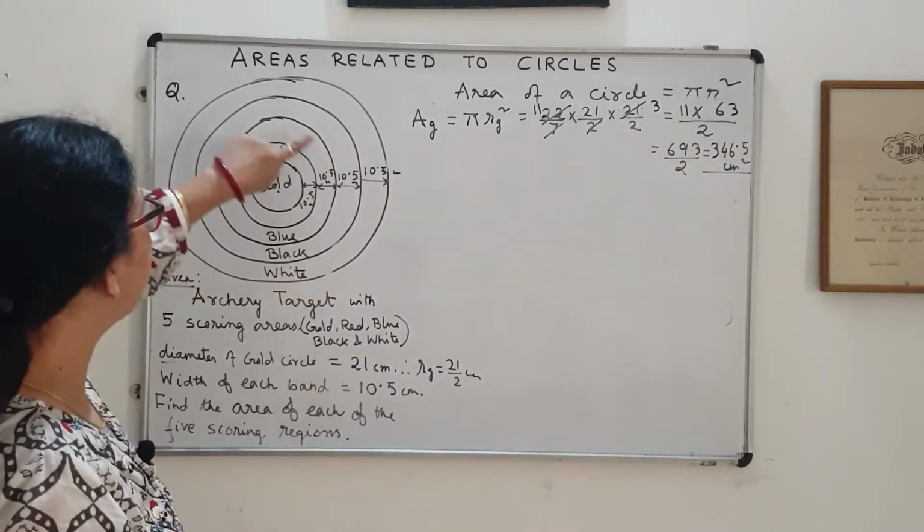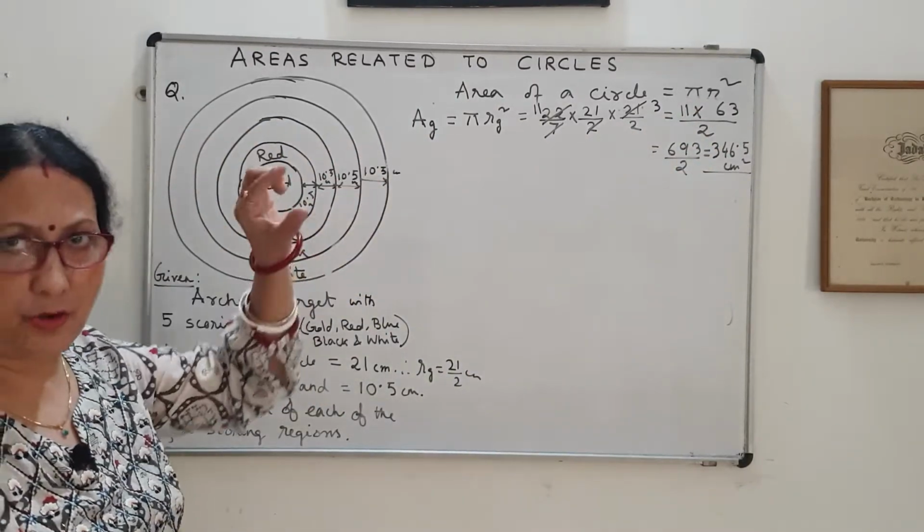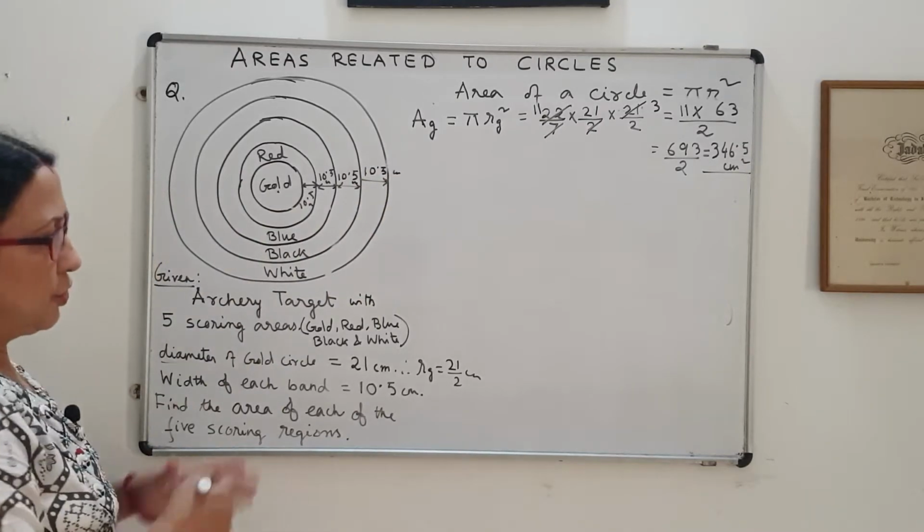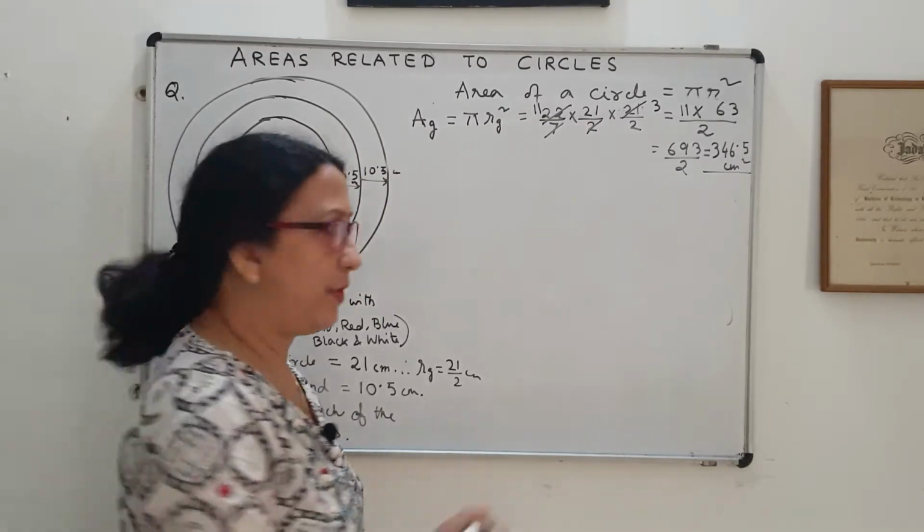Now next, all the other scoring regions are not circles but they are circular rings. So now for a circular ring, let me find out how we find the area of a circular ring.